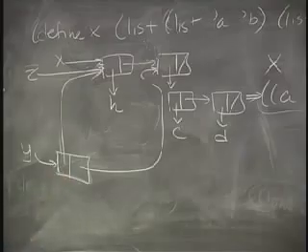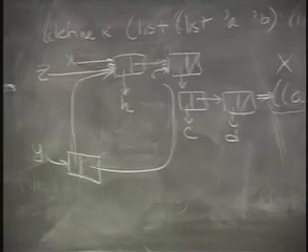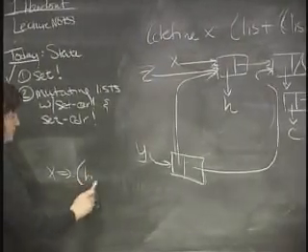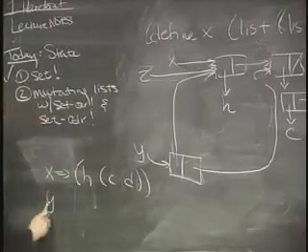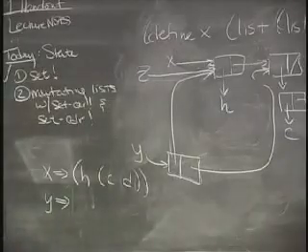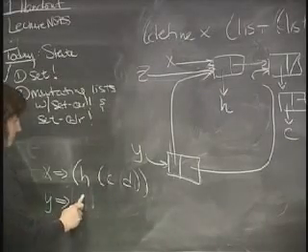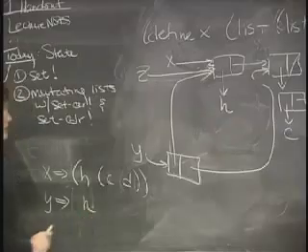Right? So now if I ask to print out x, it's going to return the list what? Okay, and if I ask for y, what do I get? Well, the car is h.